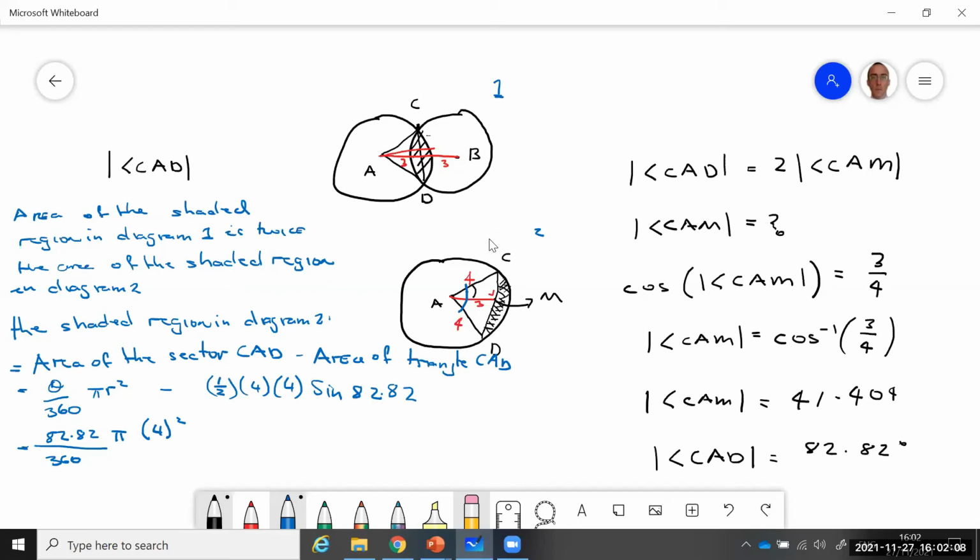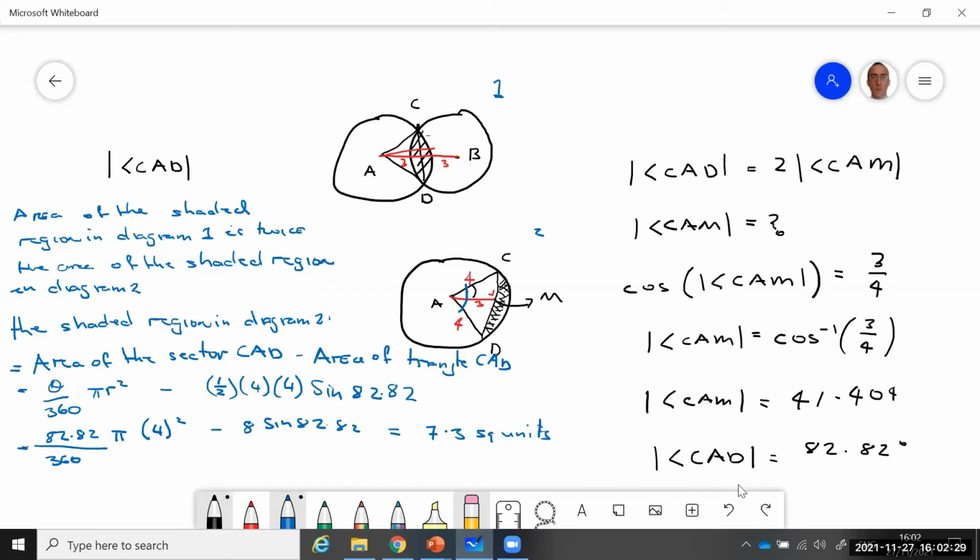So we have 82.82 divided by 360 by pi by 4 squared minus a half by 4 by 4 by the sine of 82.82. And that'll tumble out to be 7.3 square units.